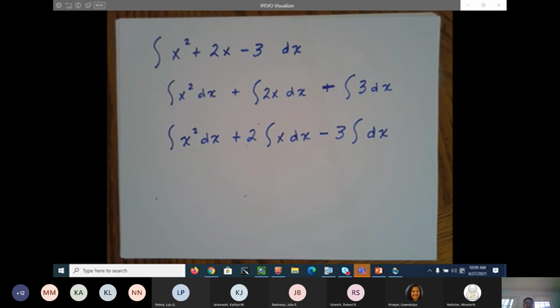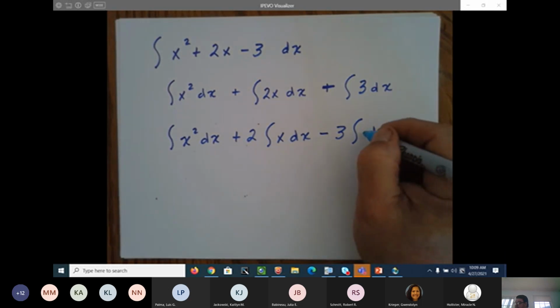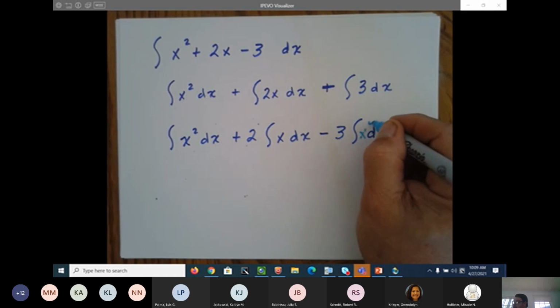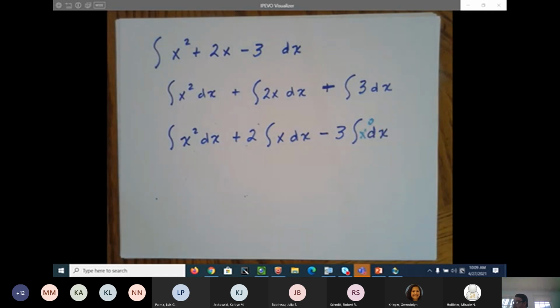And just for giggles, I'm going to add, in fluorescent blue, since I don't have anything there, an x to the 0 power, because there's nothing there, it just says dx.